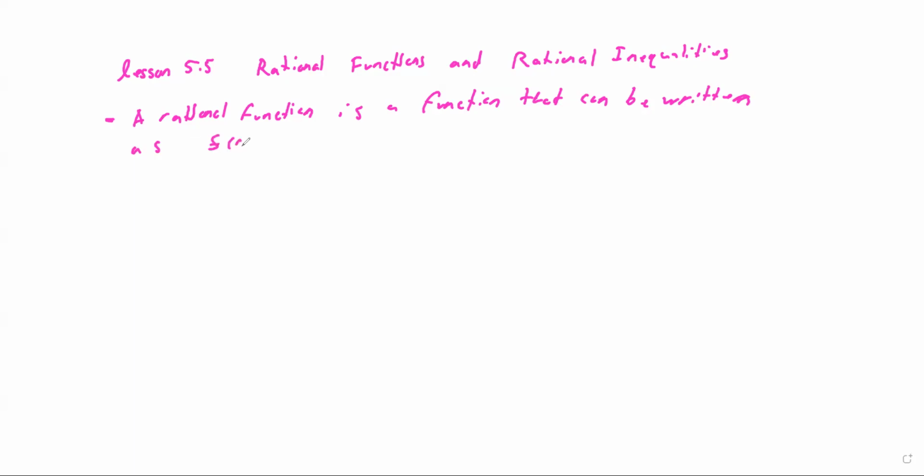And that fraction is basically two functions on top of each other. These do not have to be polynomial functions. They can be any type of function that we know of.